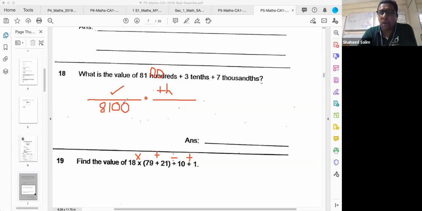Now 3/10, how do you write 3/10? First of all, if this is the dot, this is ones, this is tens, this is 100, this is 1,000. Again, this is ones, this is tens, 3/10.